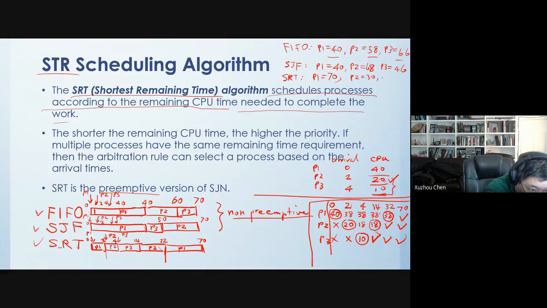Yeah, you have to stop me if you're not sure what I'm doing. So P3 actually finished at 14, but it started at 4. So it's 14 minus 4, so it's 10. Do you have any questions on this?